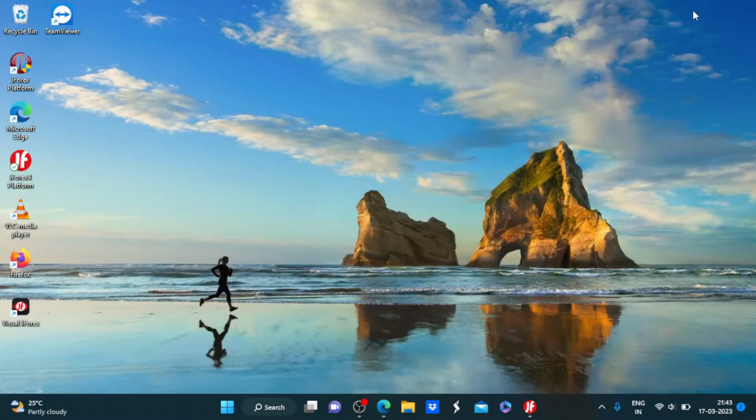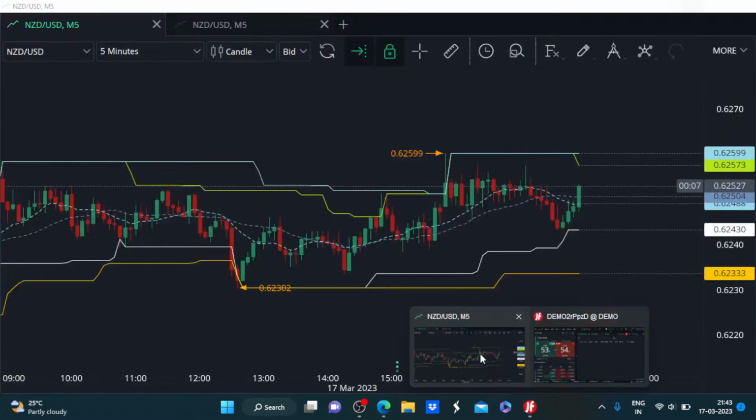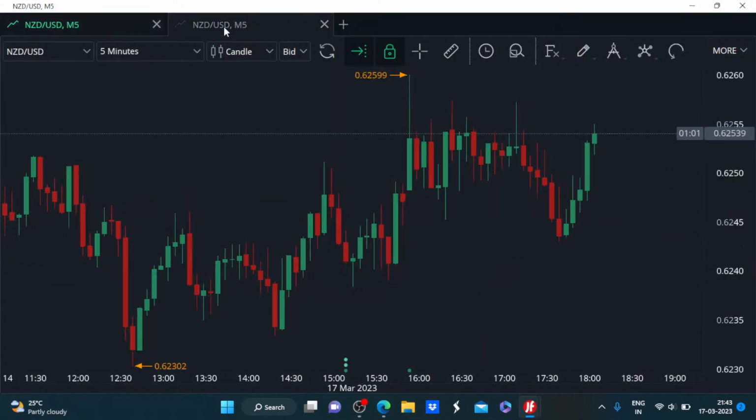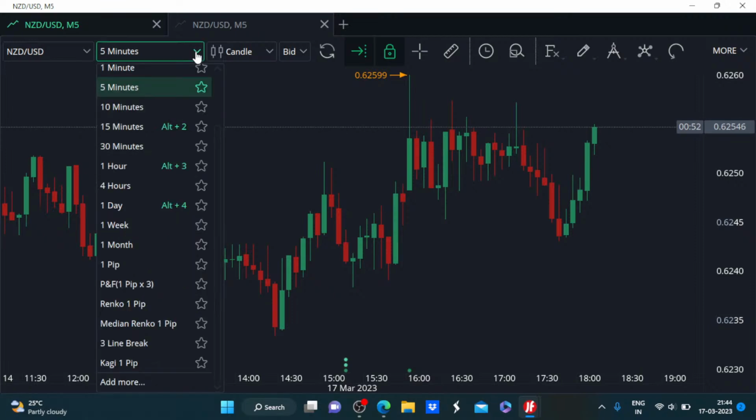So let us now head to JForex 4, the newly released trading platform from Dukascopy Bank SA. This is the chart for the NZD USD with each candle period defined at 5 minutes. Let us increase its time frame so we can better judge the situation.